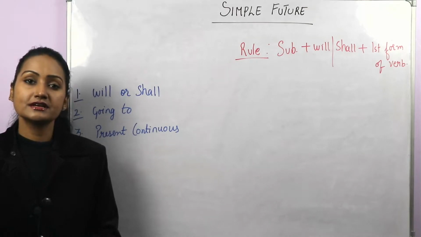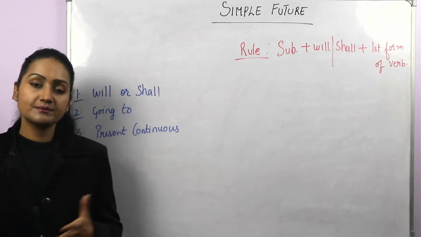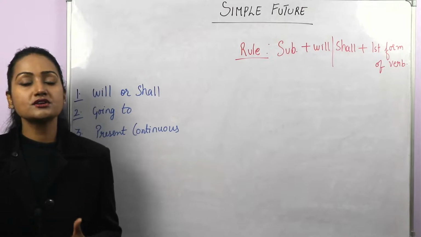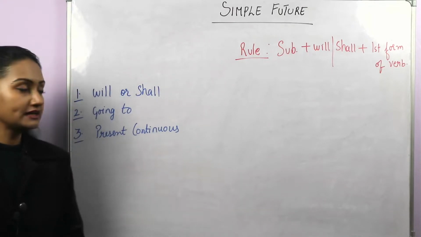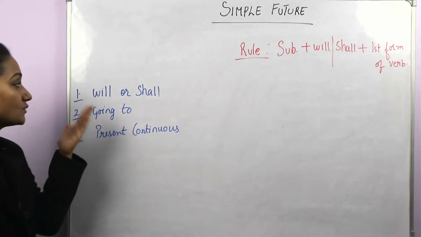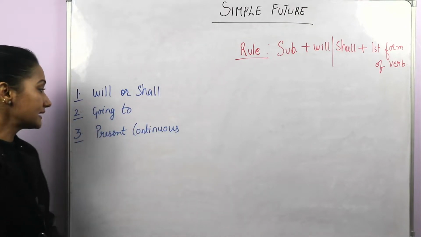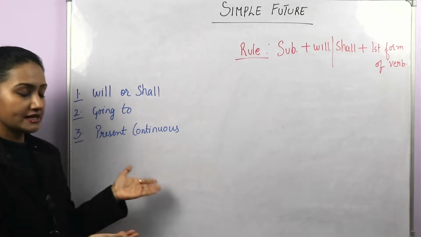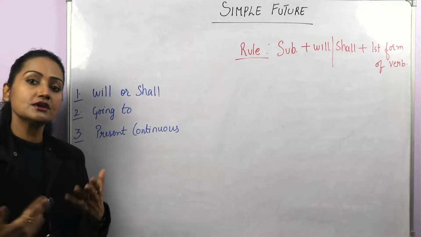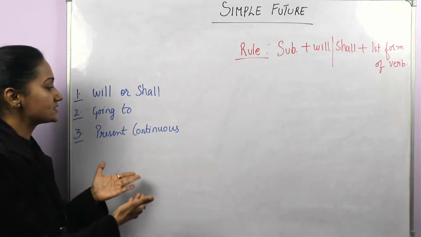We have three ways to talk about future depending upon the situation or what we are trying to communicate. So let's see what those three ways are. First is by using will or shall. Second is going to. Going to is not a verb, it's a phrase, but yes, it can also be used to talk about future. And the third one is present continuous.